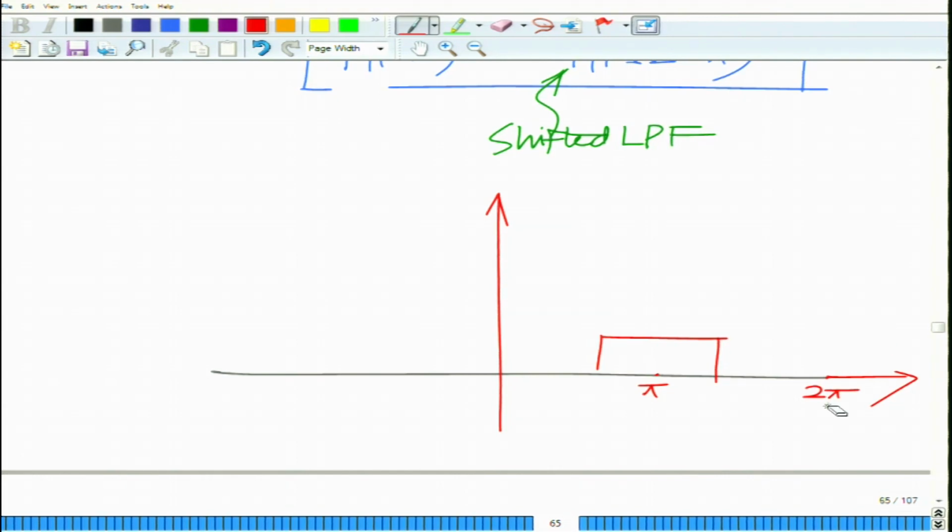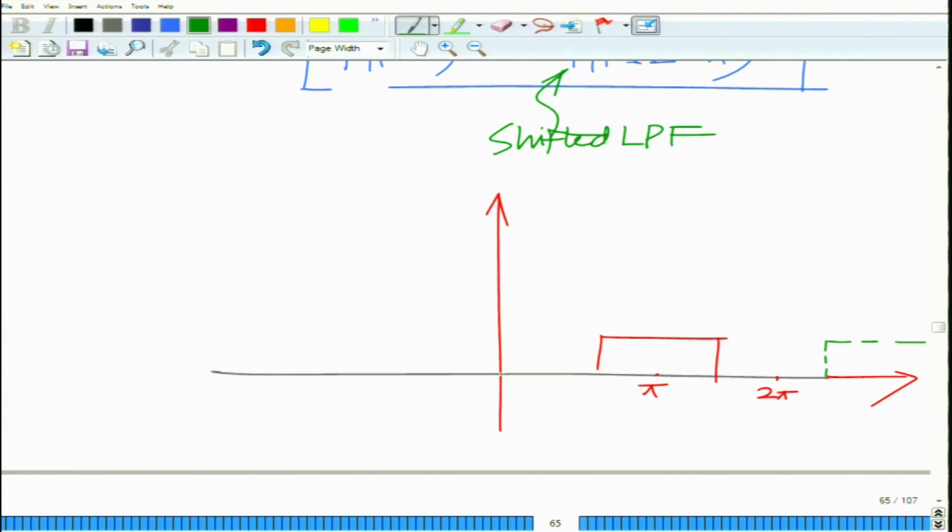At 2 pi it will be 0, because originally what is at pi will come to 2 pi. Originally what is at 2 pi will come to pi, and what is at 3 pi will come to 2 pi, which is also anyway 0. And the rest is periodic in omega.